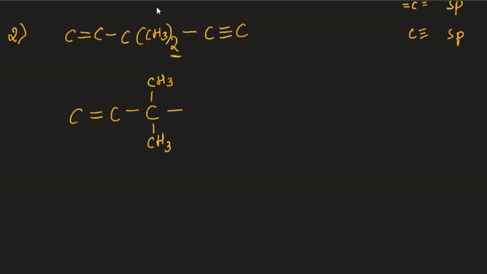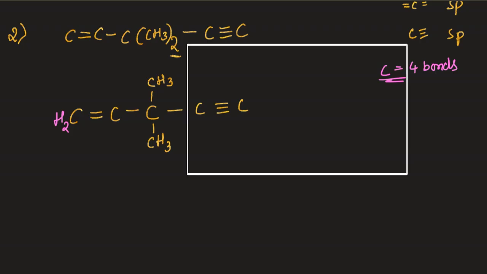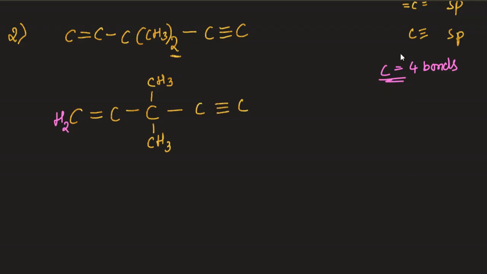Okay, next single bond C, triple bond C. Now let us try to add the hydrogen. As I said, carbon should have a total of 4 bonds. This carbon is surrounded by two bonds, two bonds are missing, so I will write two hydrogens. Second carbon is surrounded by three bonds, so one bond is missing, so you can take one hydrogen.